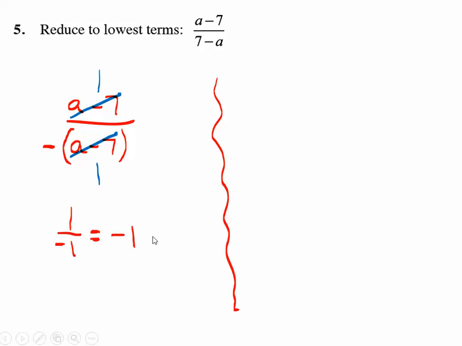Okay, the shortcut way. Of course I'll give you the shortcut way. Whenever you see this here, a minus 7 and 7 minus a, you know these two are exact opposites already. So my preference is that we just cancel them, but on top what we do is we put a little negative 1. So we say to ourselves, we've canceled off an opposite of the term, not so much the term itself.